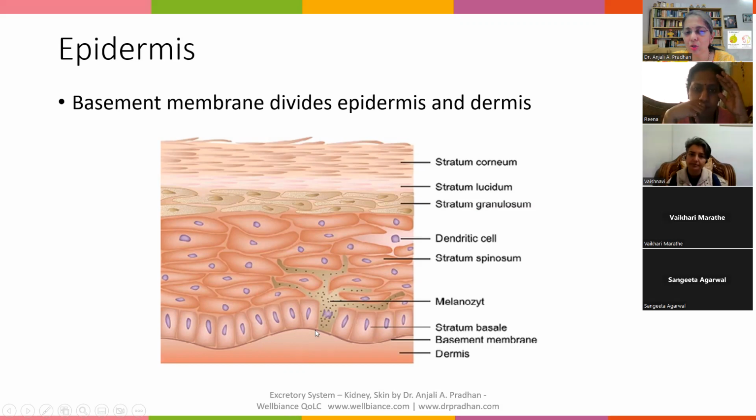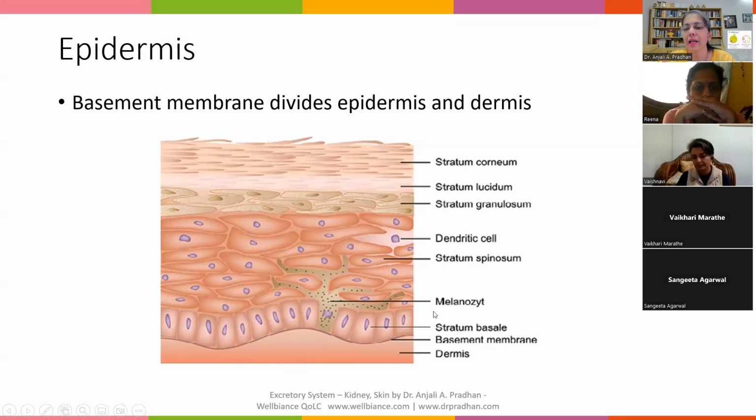And here, actually in dermis, there is a blood supply. So arteries, veins, and they come up to this layer, stratum basale. And that is why new cells are formed. नया सेल जो है यहाँ पे बनते रहता है.